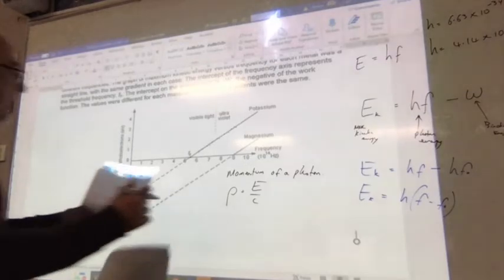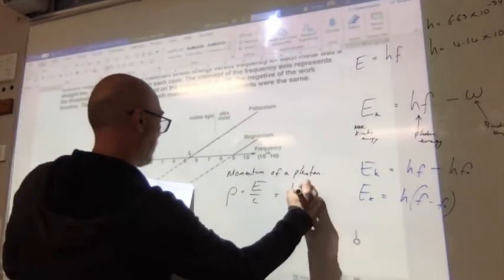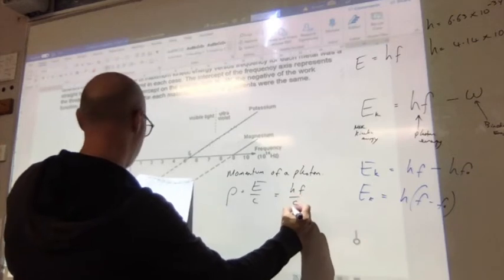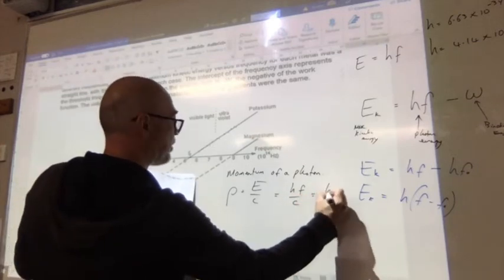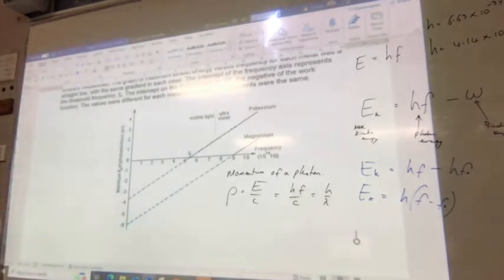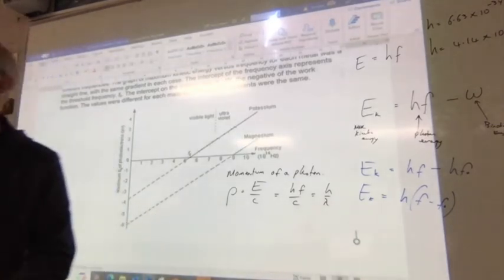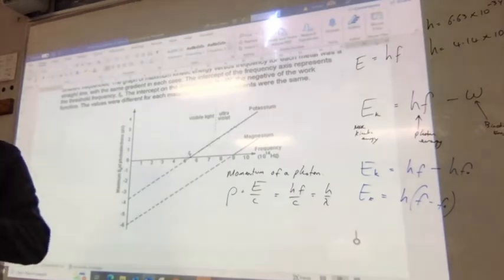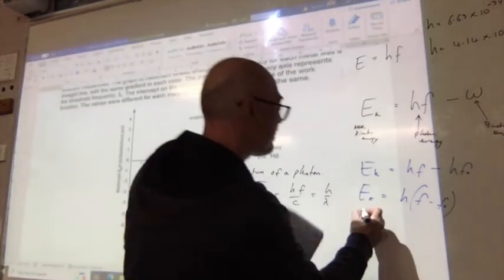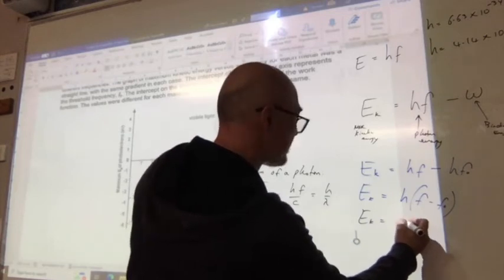What you can then do from that result is have hf over c, and you can also have h over lambda. All of these results give you the momentum of a photon. Now, that also gives us one more version of the kinetic energy formula, which is EK equals hc on lambda.